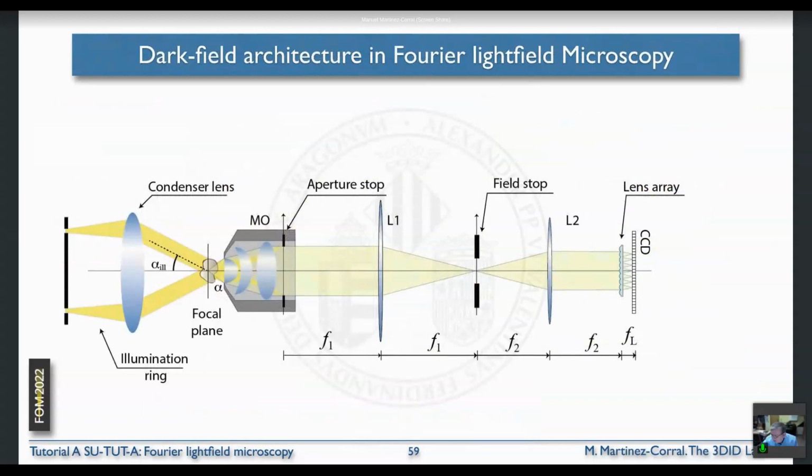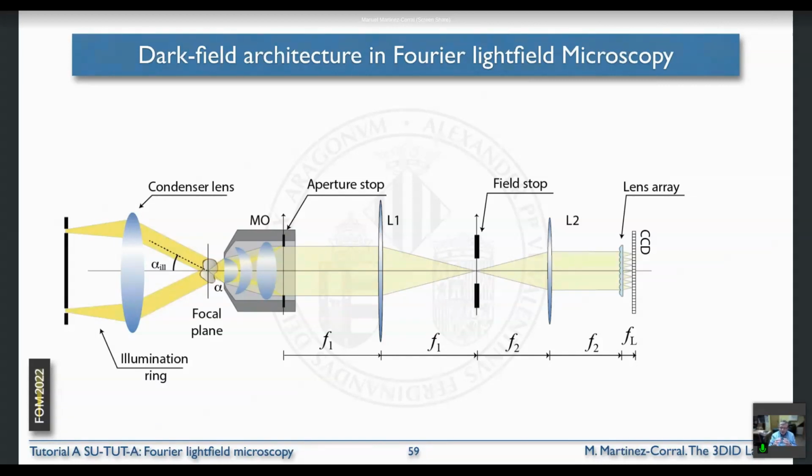The good thing of Fourier Lightfield is that you can make use of all the facilities of your microscope. One example is dark field.